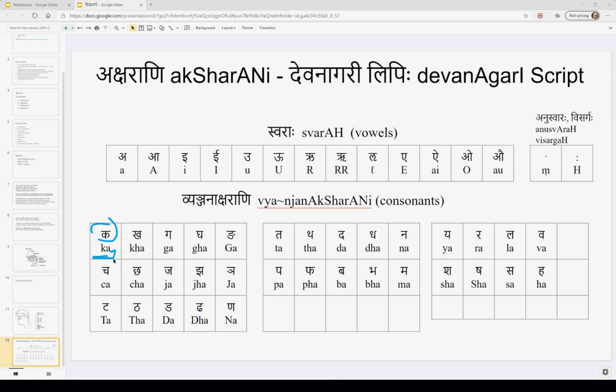Sir, is ka also Sandhyakshara? No, ka is called a Sanyuktakshara. It's not Sandhi here. It's not Sandhyakshara. Technically, by definition, when Sandhi happens, by combining two sounds, a new sound is produced. That's applicable for vowels.